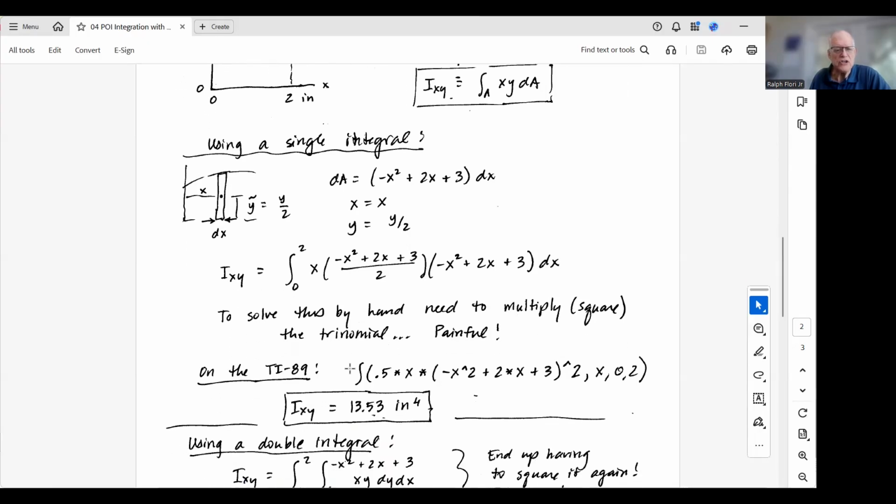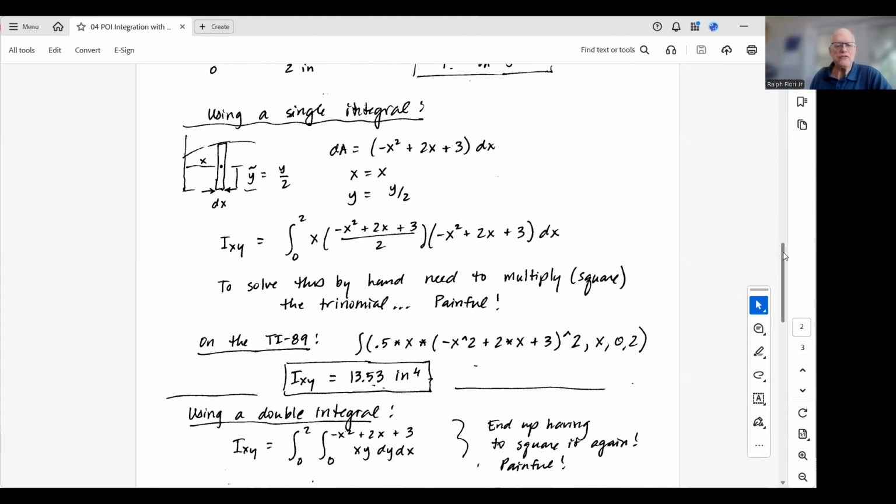You can actually just put this directly into your calculator as is. On the 89, this would be the integral of 0.5 times x times this function squared, and we evaluate that on x from 0 to 2. And you get Ixy as 13.5 inches to the fourth.